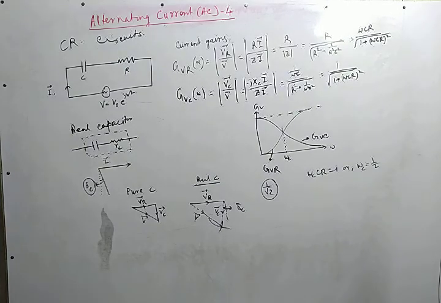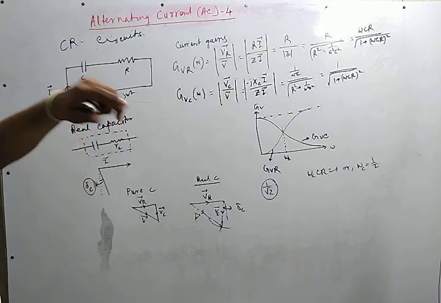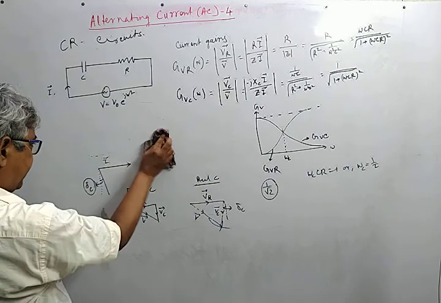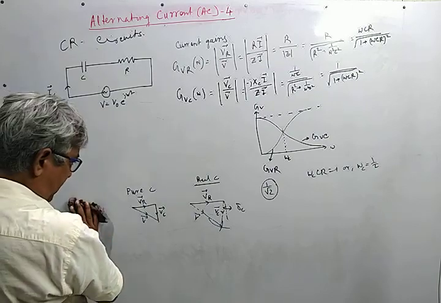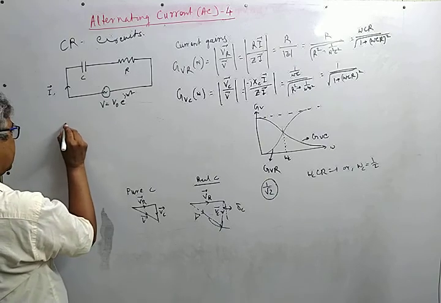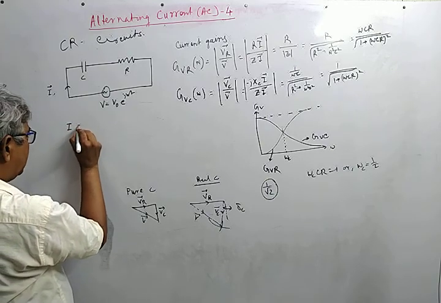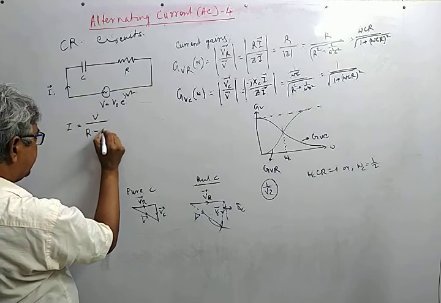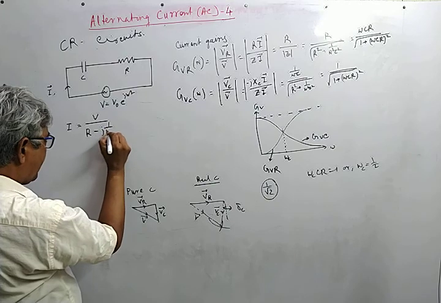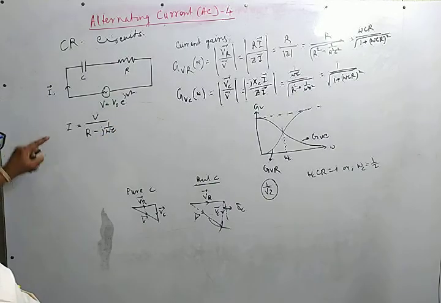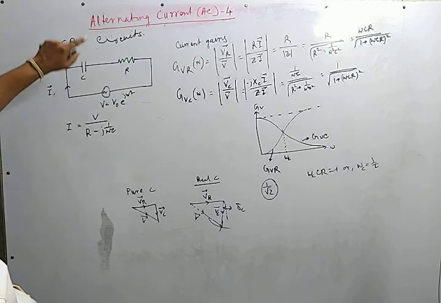There are 2 other important applications of this circuit, the integrator and the differentiator. Let me come to the current expression. The current expression is I is equal to V upon R minus j by omega C. This is the expression for current in a series CR circuit.